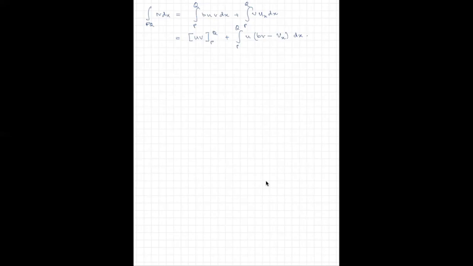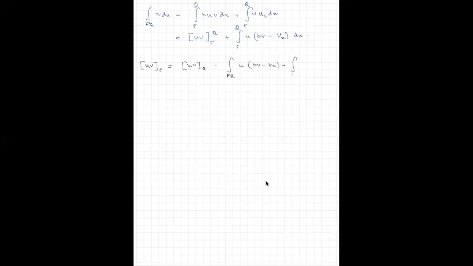So now, what we have is the following. So uv at p is equal to uv at q minus integral over PQ of u(bv minus v_x).